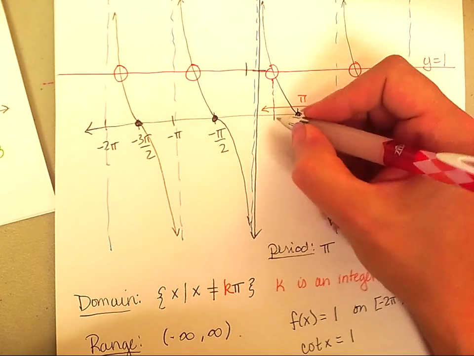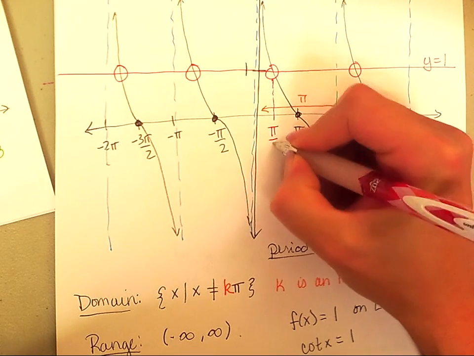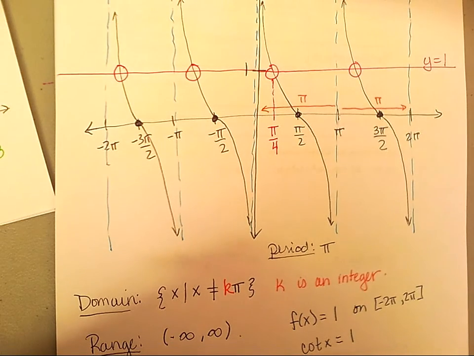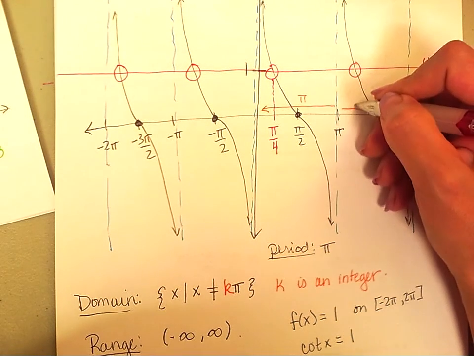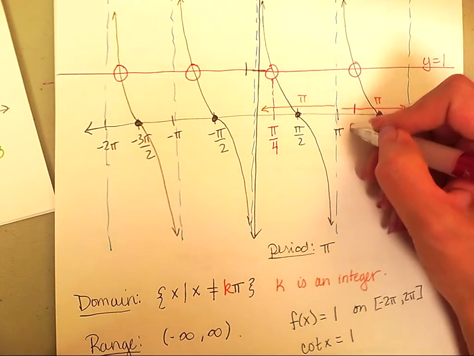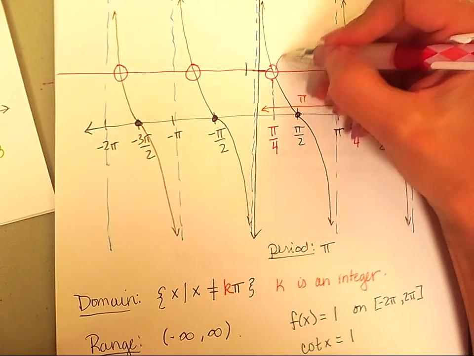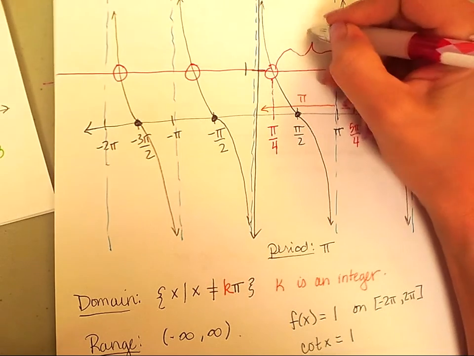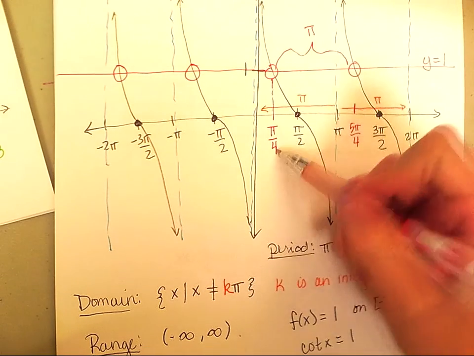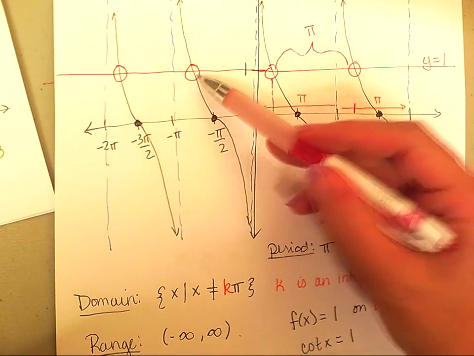So we know the first one. In the first quadrant, the cotangent will be equal to 1 at pi over 4. In the third quadrant, this happens at 5 pi over 4. Now notice this is a cyclic function, so the distance between here is pi. So pi over 4 plus 4 pi over 4 is 5 pi over 4.